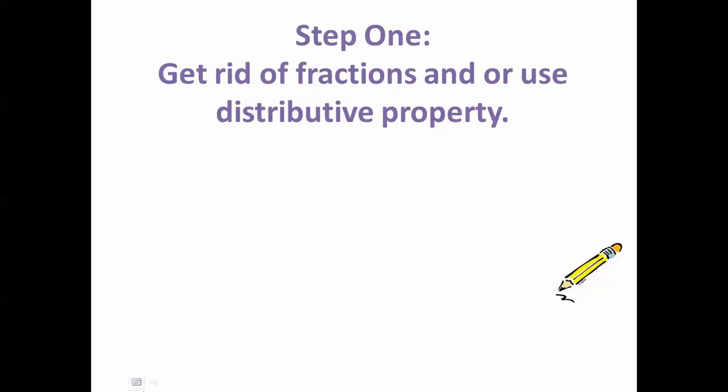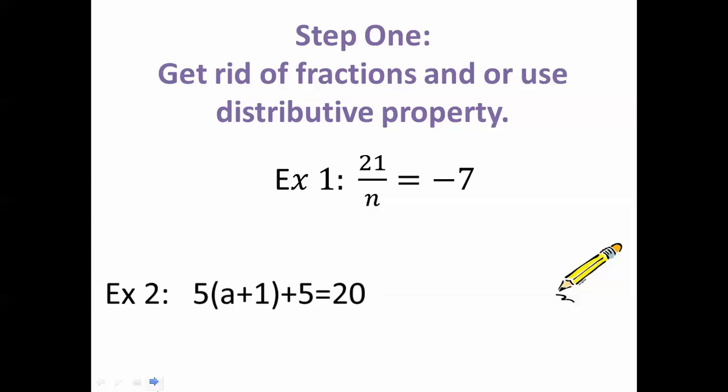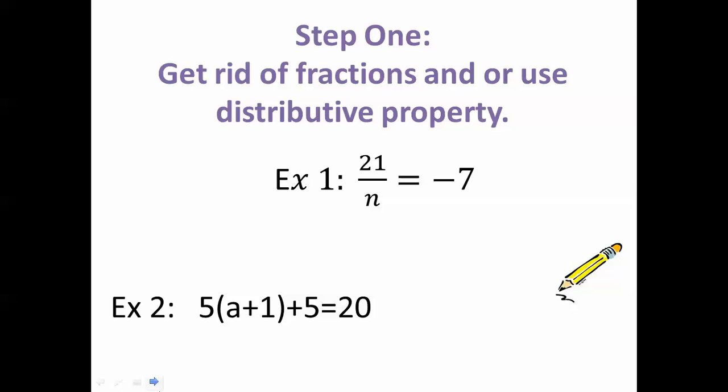So step 1 is to get rid of fractions and/or use the distributive property. You need to write down this step. So here's an example. 21 over n equals -7. To get rid of the fractions, we multiply by the denominator. This one has a fraction.